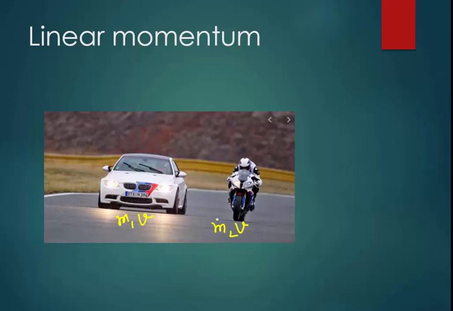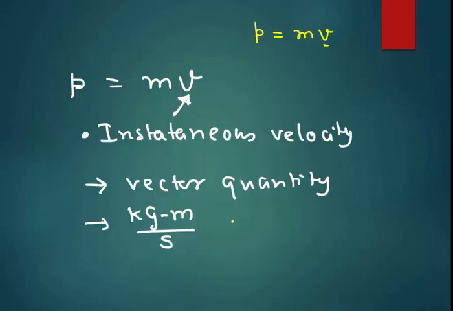Obviously m1 is larger than m2 and therefore m1v will be greater than m2v, and thus the momentum of the car is larger as compared to the bike, provided of course their velocities are same. So that is momentum, the product of mass and velocity. It's a vector quantity, that means it has direction, and the direction will be the direction of velocity.